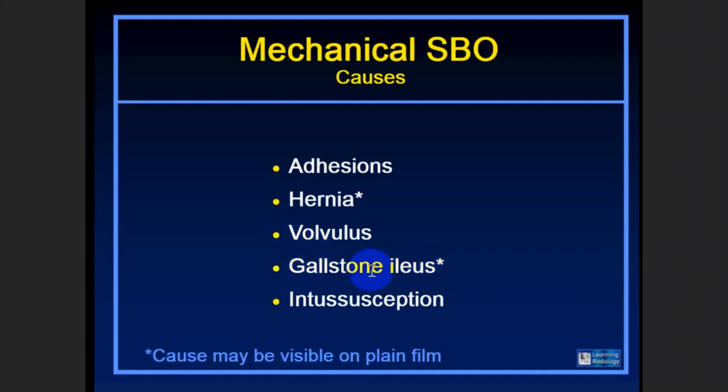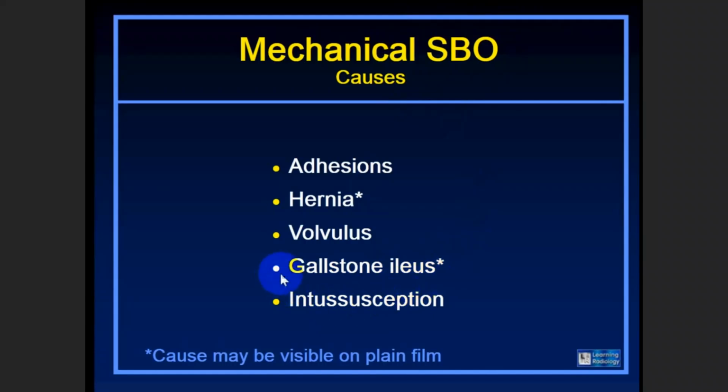Gallstone ileus: when a gallbladder stone descends to the ileum, it can cause a small bowel obstruction. In this case, we can find pneumobilia, which is presence of air in the biliary tree, the intrahepatic biliary tree.